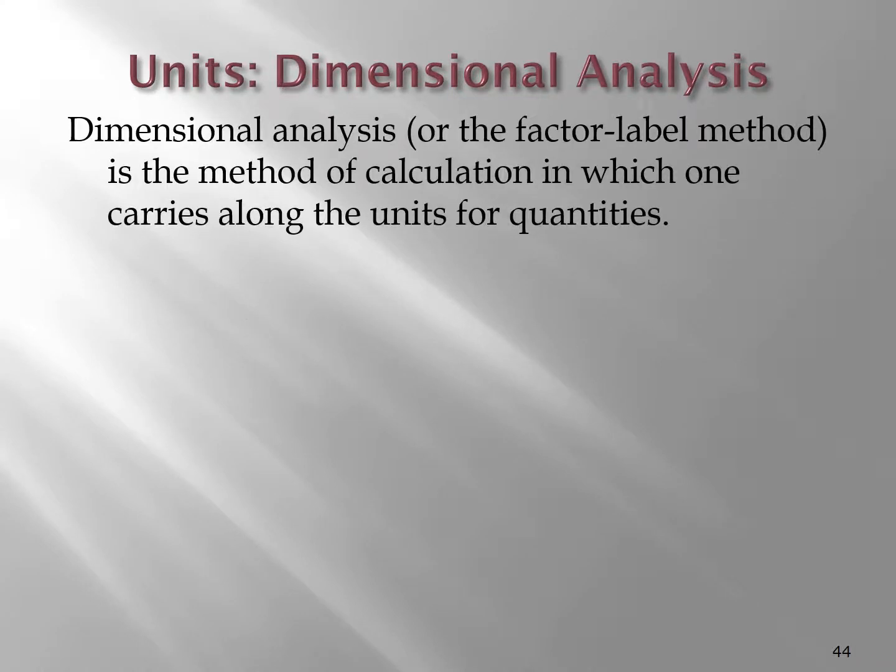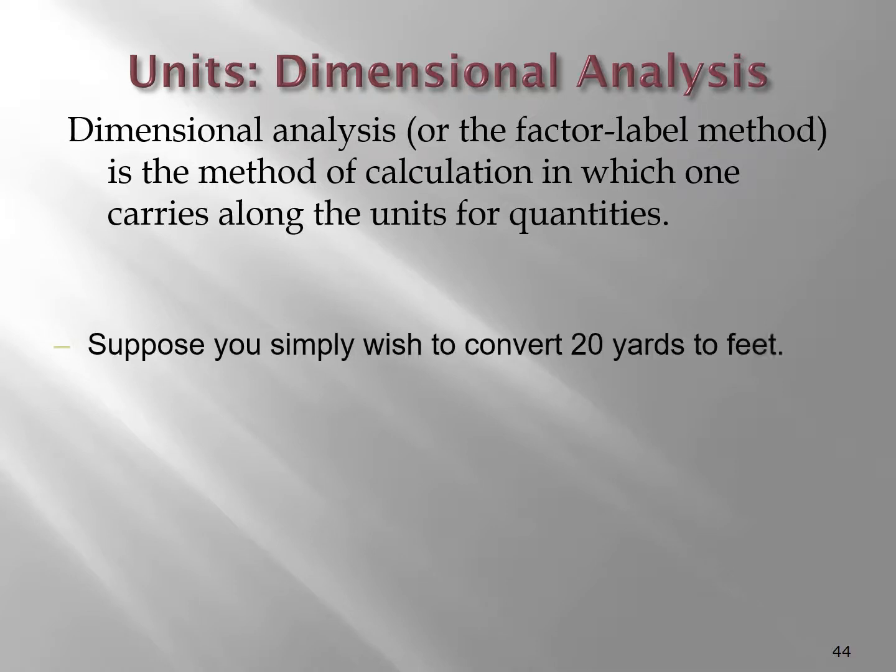So dimensional analysis is also sometimes called the factor label method, and what we do is we start with what we're given in units, and we want to find conversion factors that are equal to each other, two things that are equal to each other, but with different units. And so, like I said, the units will end up canceling as we go along.